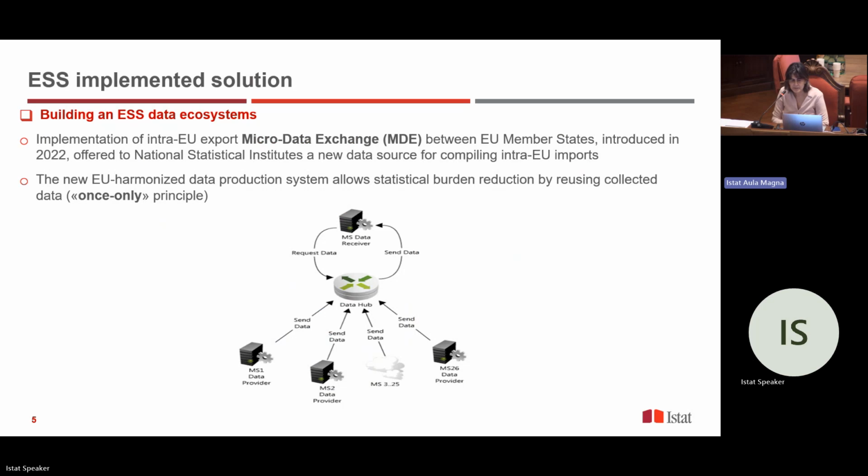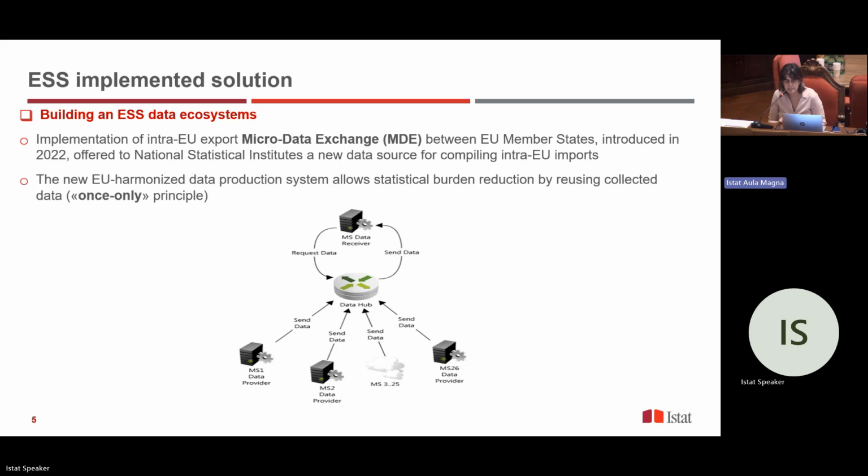So the European solution, which was put in place in 2022, was an exchange of microdata collected in each member state for export. So export data collected in the national samples is shared on a monthly basis and sent to a data hub, which is located in Eurostat.